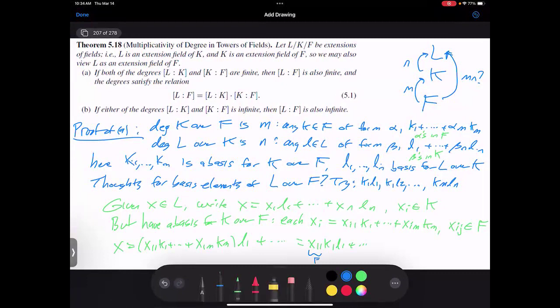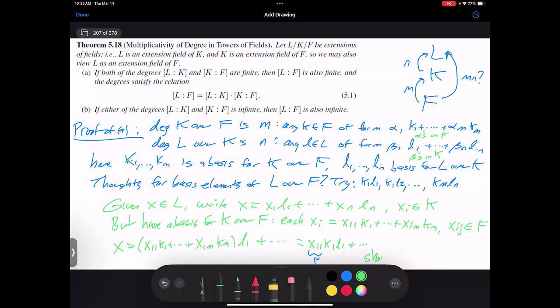I first take something in L, and I can write it as a combination of my basis vectors in L, and the coefficients are in K. Now I take those objects in K, and because I have a basis for K over F, I can expand those out, and I have those coefficients in F. And so when I just substitute, I have now written every X as a combination of K1 L1 through Km Ln with coefficients in F. So this shows that the set is spanning.